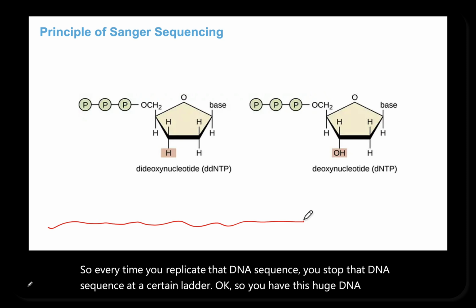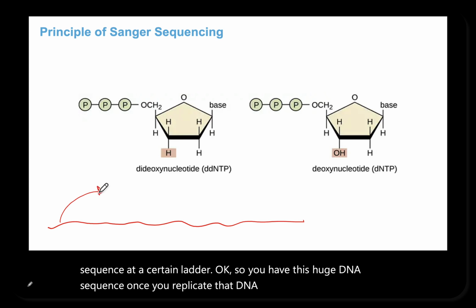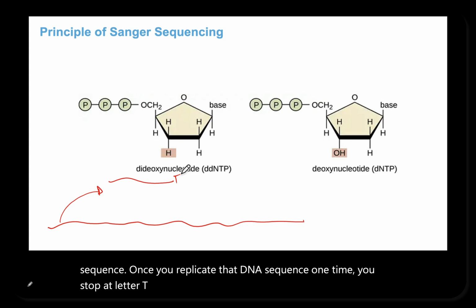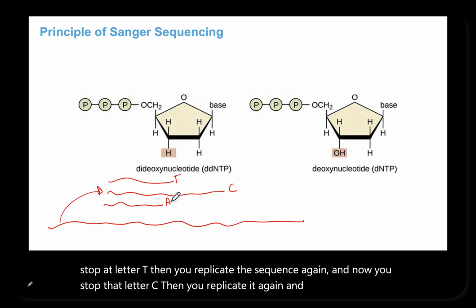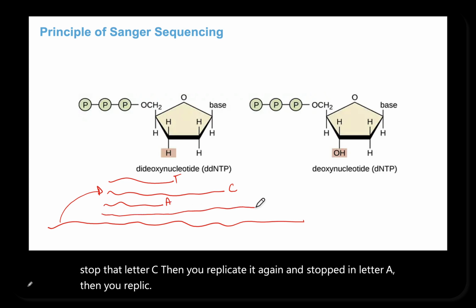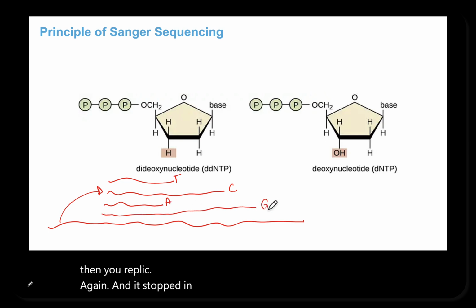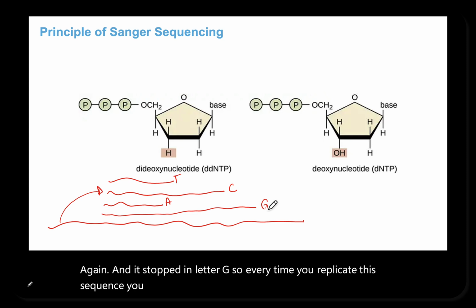Once you replicate that DNA sequence one time, you stop at letter T. Then you replicate that sequence again, and now you stop at letter C. Then you replicate it again and stop at letter A. Then you replicate it again and you stop at letter G. So every time you replicate this sequence, you insert a dideoxynucleotide in the sequence, and then you stop the replication.